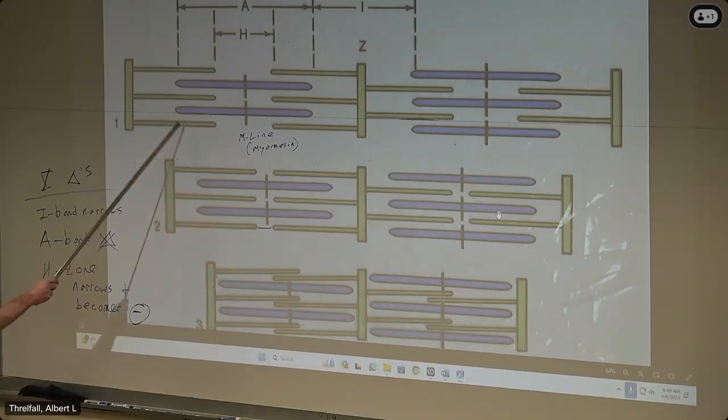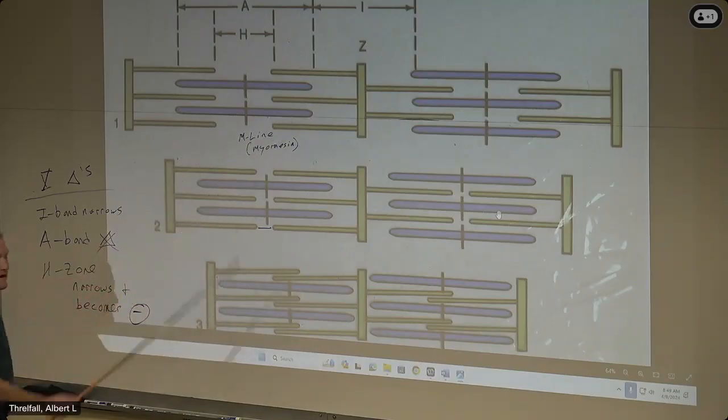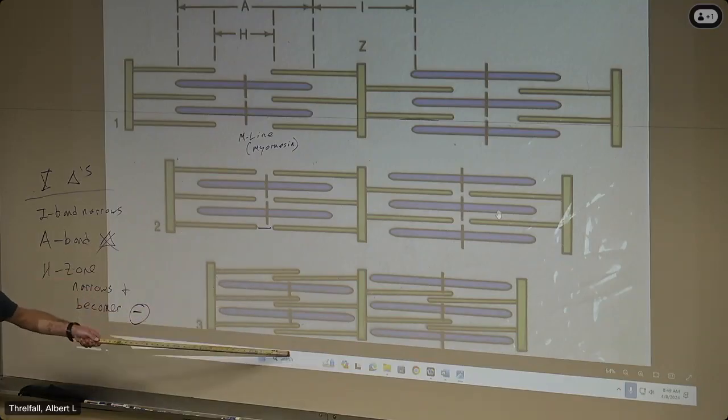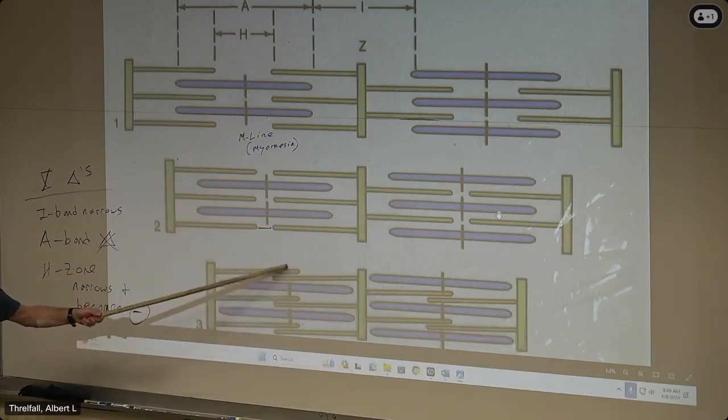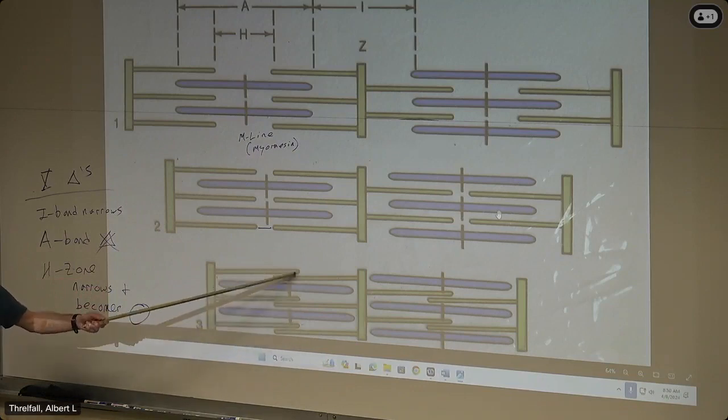So we have this area where we have actin and myosin overlapping, that is the darkest. What's going to happen in terms of darkness, lightness upon complete shortening, complete contraction of the sarcomere? That area is going to get what? Even darker.